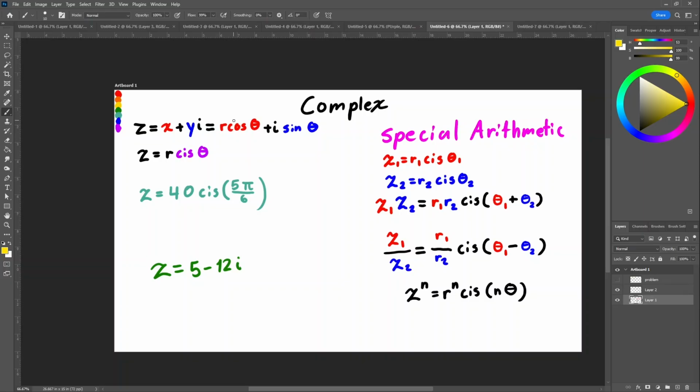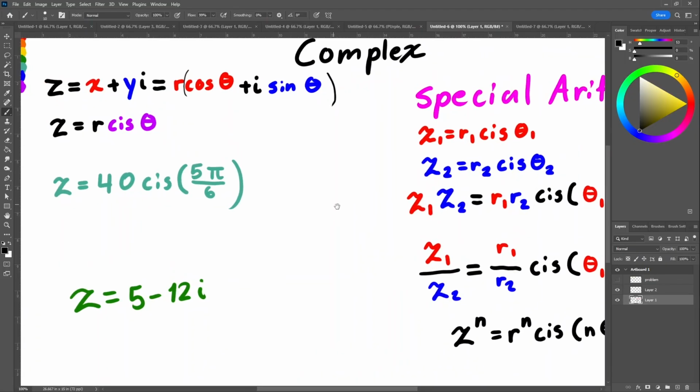There should be parentheses there. Or we can also combine the cosine and the i sine, because it's a lot to write out, as cis theta, r cis theta. And so over here on this side, we would want to practice converting from complex notation into polar notation, and polar notation back into complex notation.